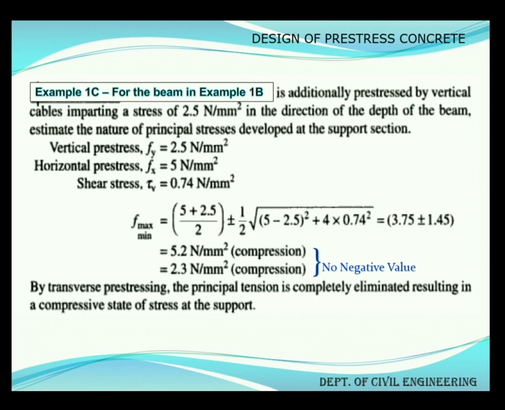That means by providing the vertical pre-stressing, we are able to eliminate the effect of shear. That is, we are able to eliminate tension, which in turn causes the shear cracks.